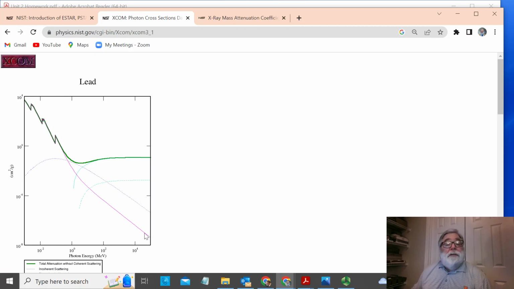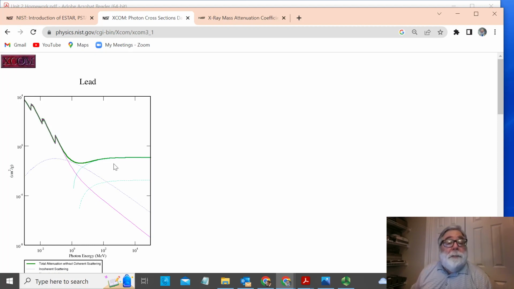The pink line here shows us the photoelectric effect. This blue dotted line shows us Compton scattering or incoherent scattering. This green line on the right side of the graph is pair production in the nuclear field.